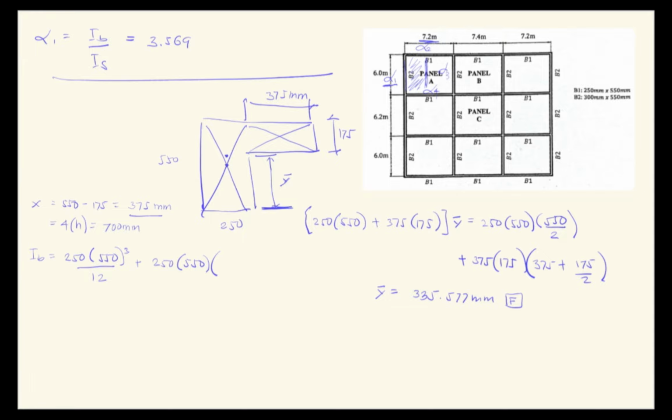So that is 60.577 squared. Say store this in memory E.